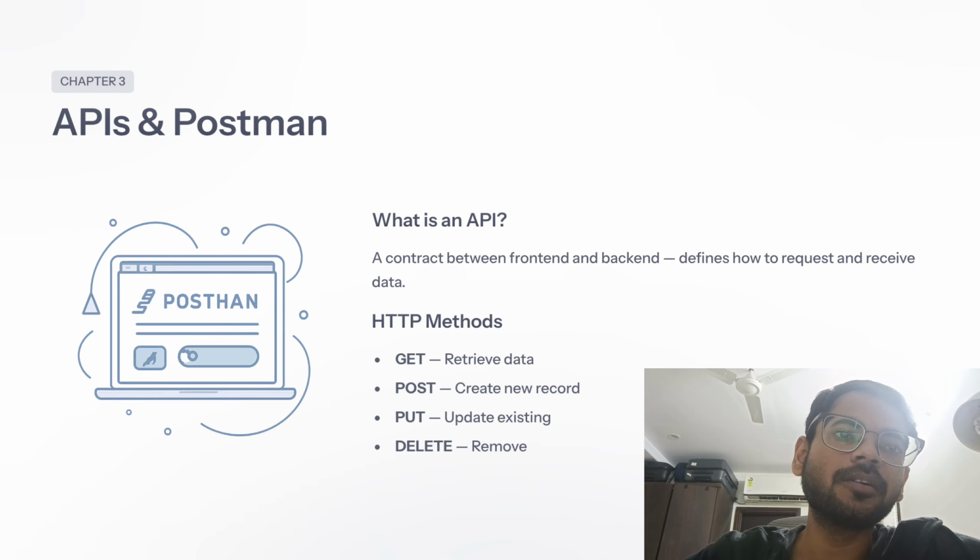Taking the simple example of a Google registration form, if I am hitting an API for retrieving the information, the method used here would be GET, and I would retrieve the information of all the registrations that are done for an event.